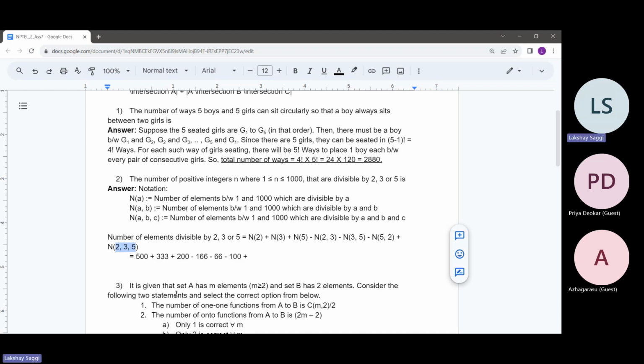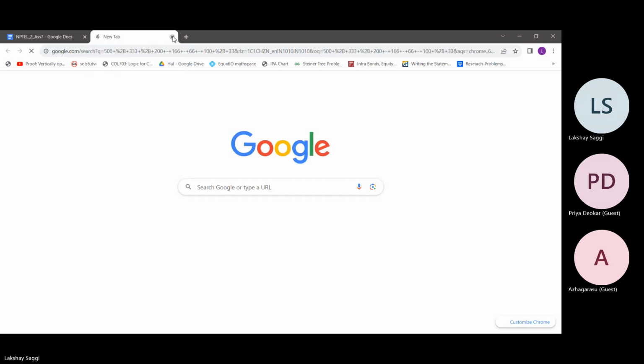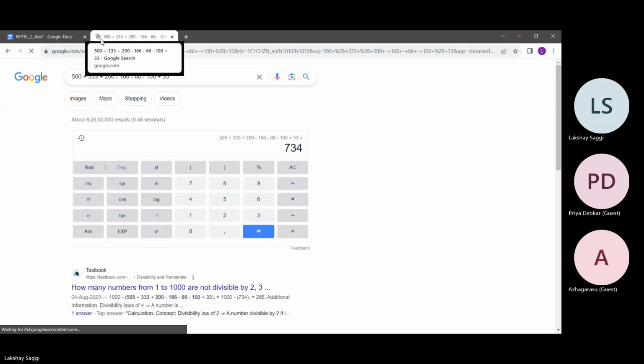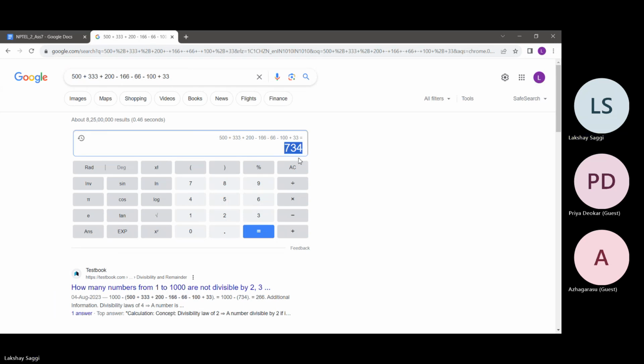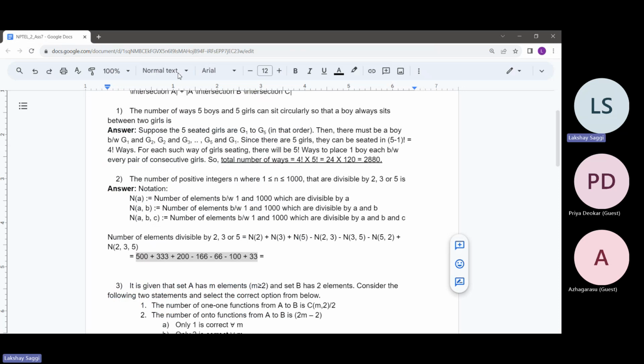So I hope it's clear to everyone. For this, we just need to find the number of elements divisible by 30. So 1000 divided by 30 is 100 by 3, which will be something like 33. So this will be my final answer. Maybe I don't want to calculate all of this, so I'll just copy paste whatever value comes out. 734 is the correct answer.